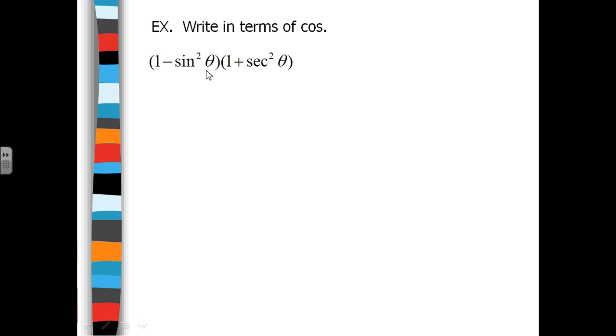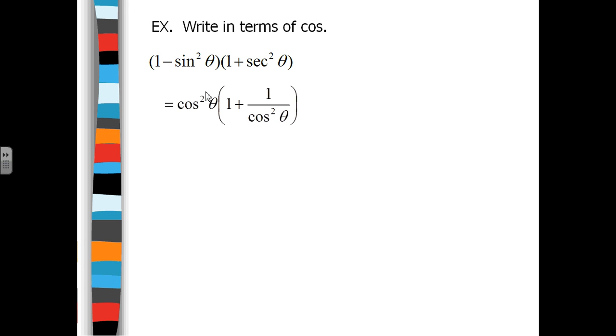Well, first of all, we can do that same trick that we did before, that if you take your Pythagorean identity that sine squared plus cosine squared is equal to 1, solve for cosine squared, and you get cosine squared is equal to 1 minus sine squared. So I can replace this with cosine squared. And then remember that secant is the reciprocal of cosine, so this is really 1 plus 1 over cosine squared theta.